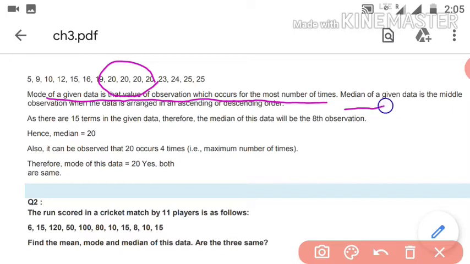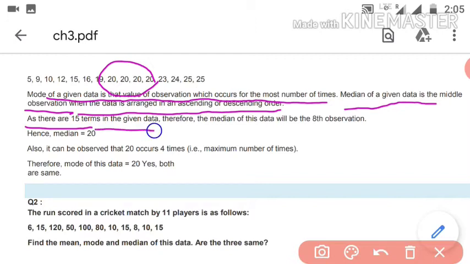Median of a given data is the middle observation when the data is arranged in ascending or descending order. The exactly middle one will be the median. As there are 15 terms in the given data, the median of this data will be the 8th observation.